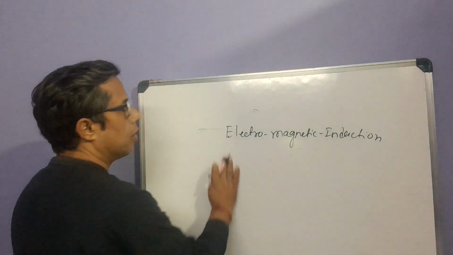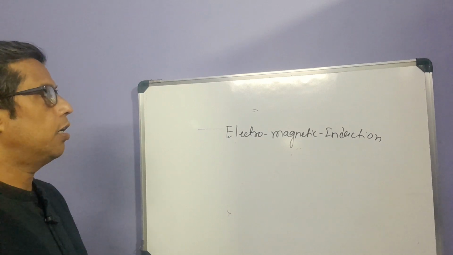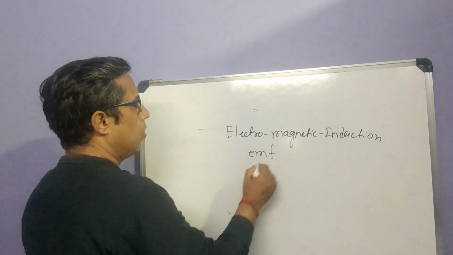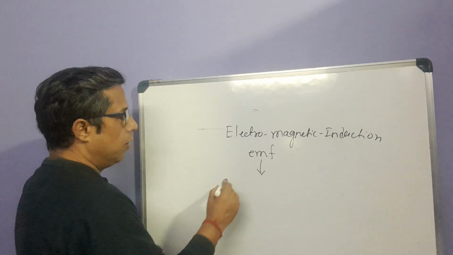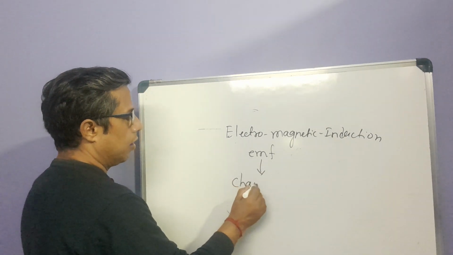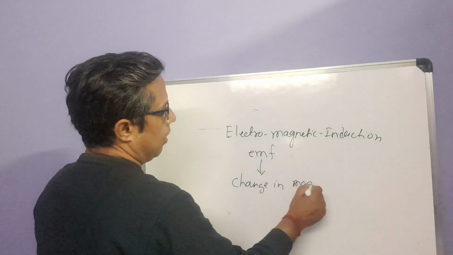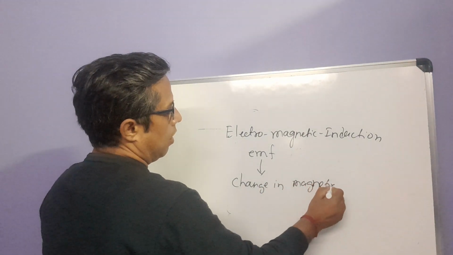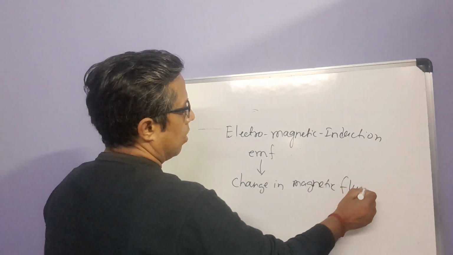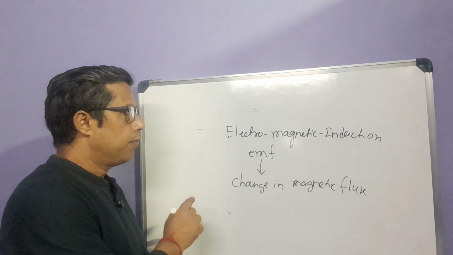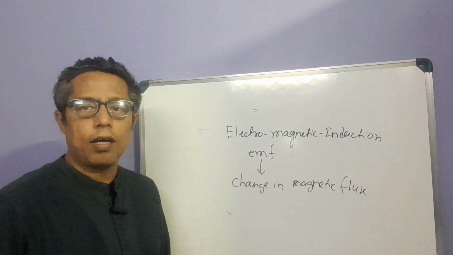That means the electricity or EMF is produced due to change in magnetic flux. So we receive the induced EMF due to change in magnetic flux.